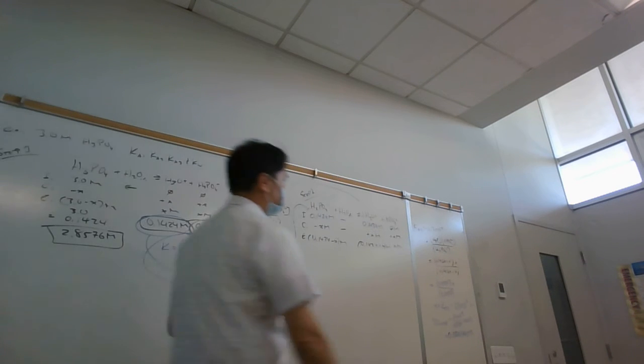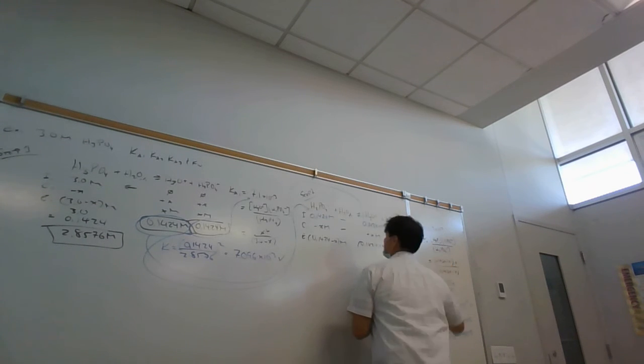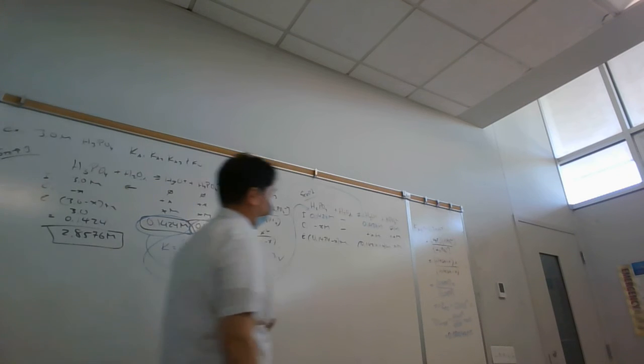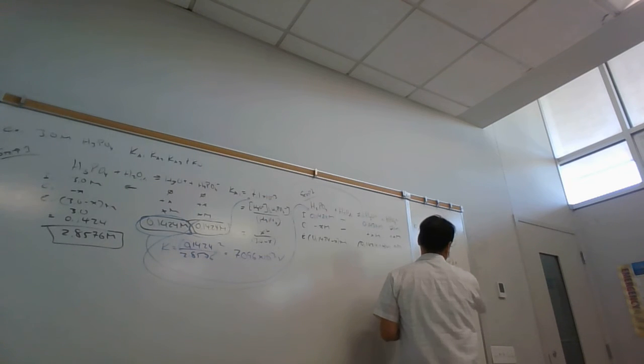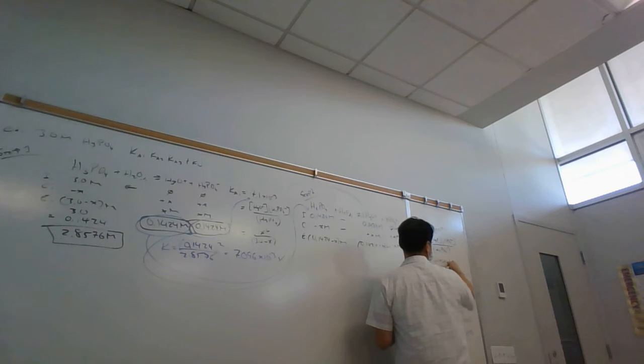Okay, so I'm just multiplying this times that, and then minus x times that. That's going to be minus 6.3 times 10 to the minus 8x. Multiply this binomial times this. That's going to equal this. I'm going to distribute that.